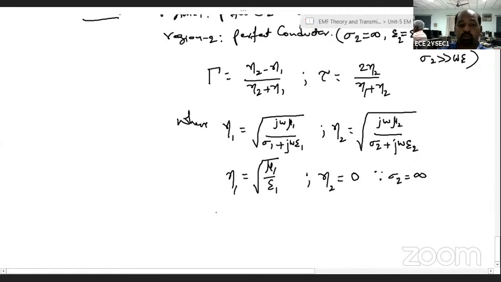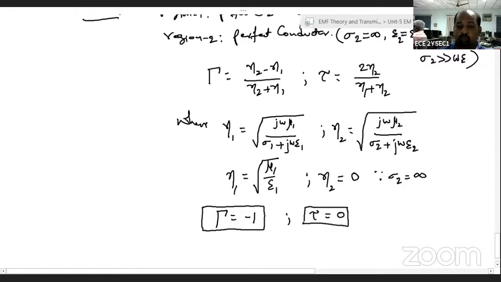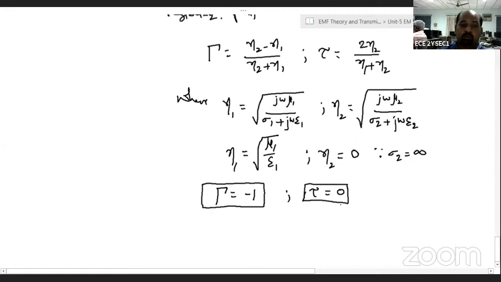If you substitute these values here, you will get reflection coefficient equal to -1, and transmission coefficient, since eta 2 is 0, is 0.